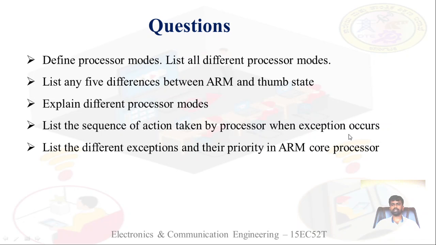So that is the answer for this question. List the different exceptions and their priorities in the ARM core processor. So you know the different exceptions, and also you have to mention their priorities to handle them for an ARM processor. So these are all the possible descriptive questions.